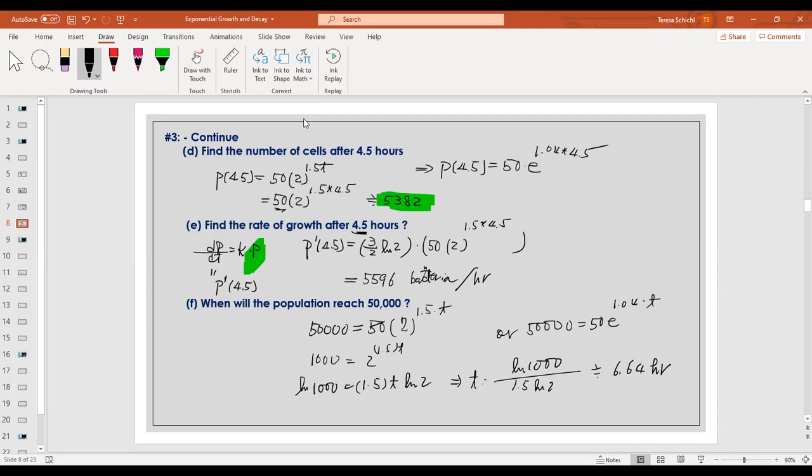Okay, so this is our video number 1. We did 3 problems, and all those 3 problems are very basic and classical, the exponential growth and the exponential decay. So remember, it's all based on the formula P(t) is equal to P0 e^(kt).